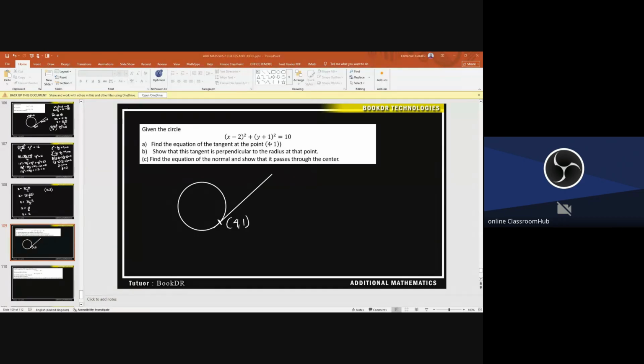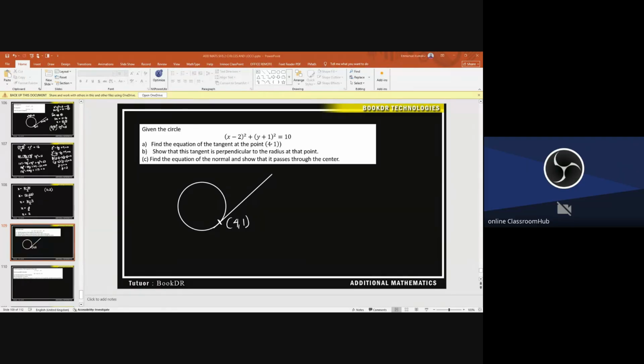If IU is not ready, let's go to Roxanne. Okay, Clifford. So you said the center of the circle, right? Yeah. 2, -1.